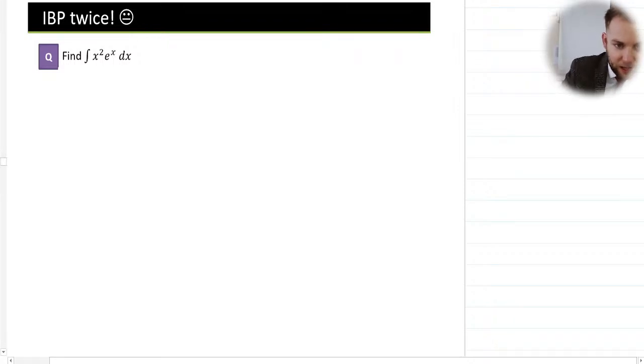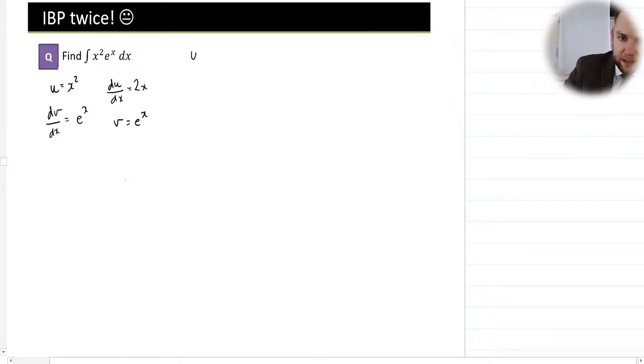So if I'm writing this one down, I'm going to first of all say that u is equal to x squared. I'm going to say that dv by dx is equal to e to the x. If I differentiate this one, du by dx is equal to 2x. And if I integrate this, the integral of e to the x is e to the x.